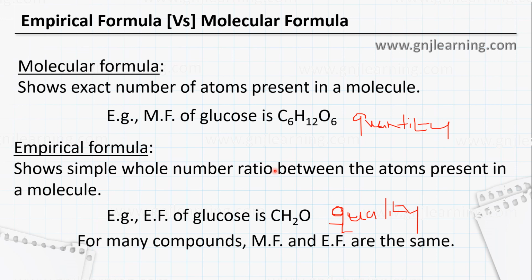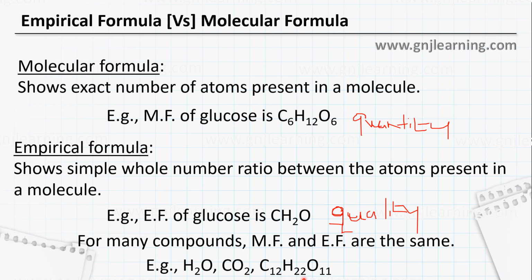In many compounds, both molecular formula and empirical formula are the same. Here are a few examples. For example, water, H2O, cannot be further simplified as far as the ratio is concerned. So both EF and MF will be the same. In the case of carbon dioxide also, the empirical formula is the same as the molecular formula.